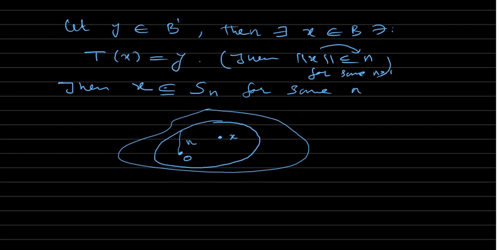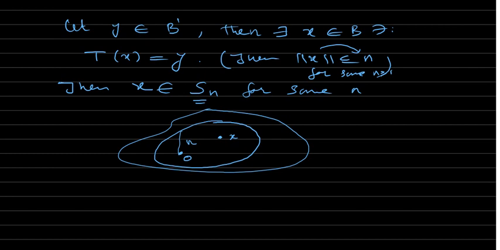So we can apply that result, the Archimedean property. Whenever the norm of X is less than or equal to n, that means X belongs to Sn. Sn is the open sphere with center origin and radius n.